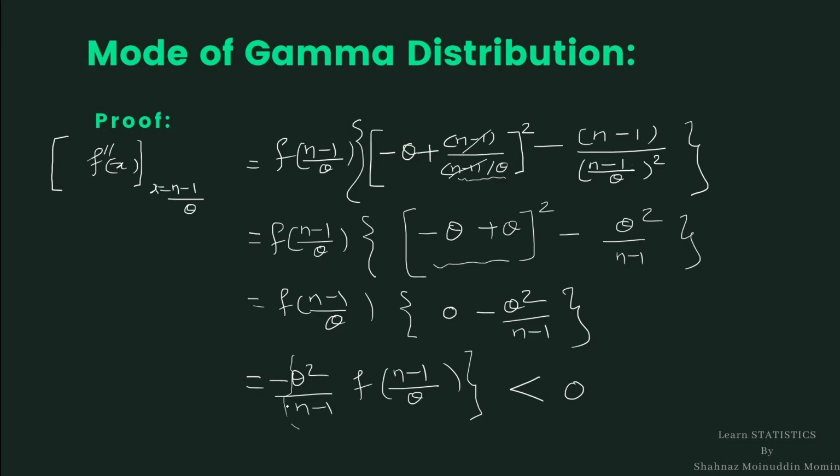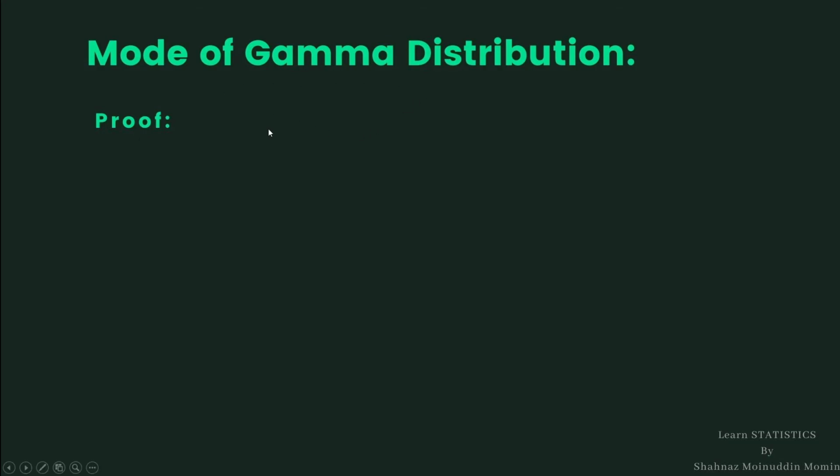Hence, f double dash x at x equal to n minus 1 divided by theta is less than 0. This means the condition of maxima exists.